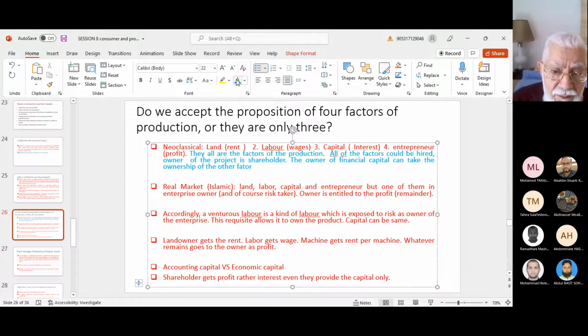Like in Muzara'a. In Muzara'a, we have owner of a land and we have the entrepreneur, and they both deserve the added value.